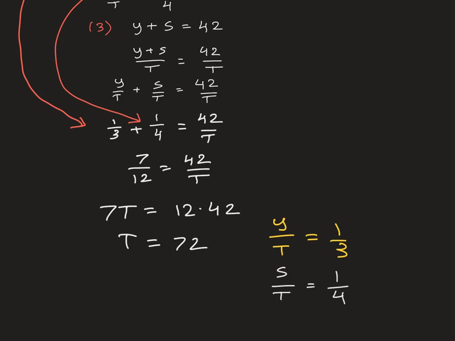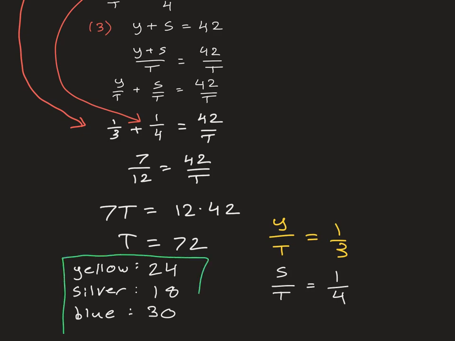So the number of yellow tokens is 24, and the number of silver tokens is 18, and the rest have to be blue. So the number of blue tokens is 30, and that's exactly what the problem asks for. It asks for the number of each type of token. So this is the answer.